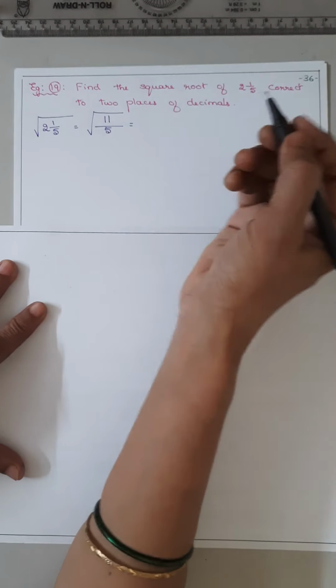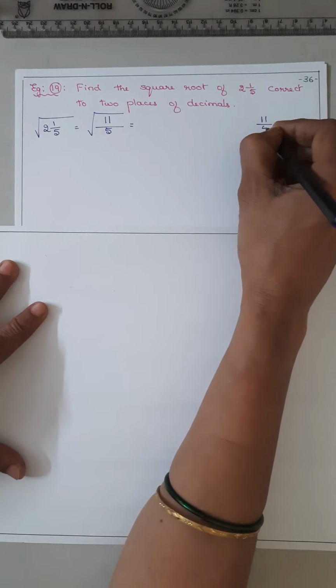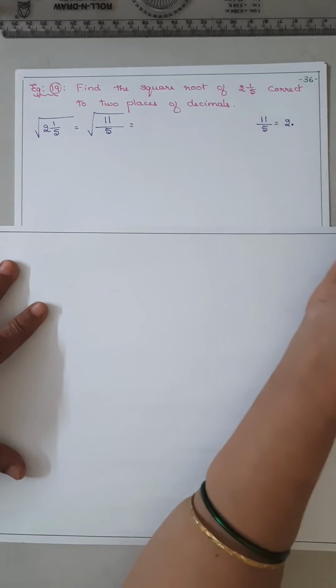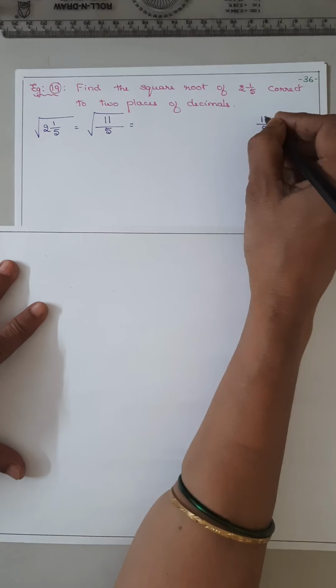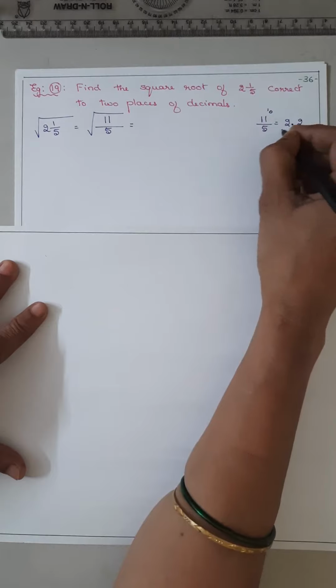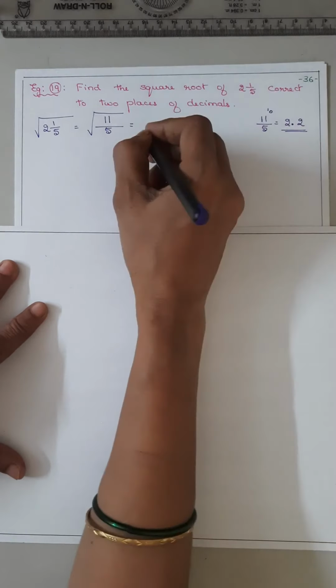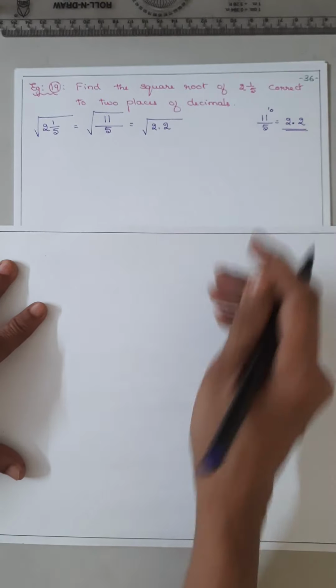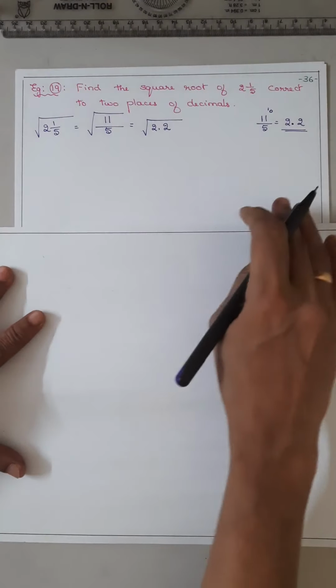Now convert this into decimal. 5 2s are 10. Decimal place, 1 is remaining, take extra 0. So 5 2s are 10. So you got square root of 2.2. Hope you understood this step.